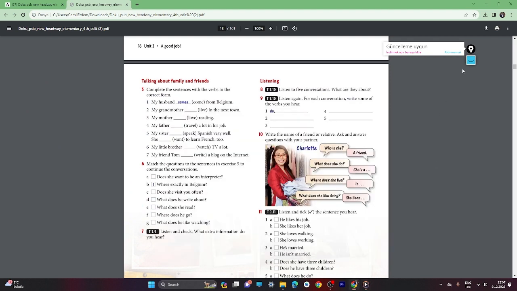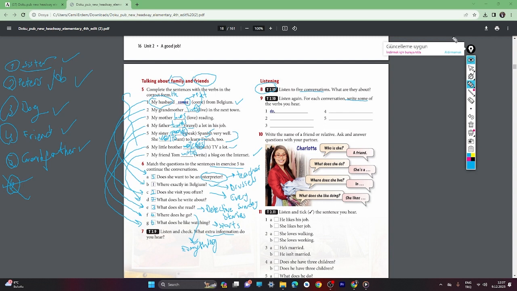Tape script 2.10. 1. What does your sister do? She's a student. She wants to be a doctor, so she studies a lot. 2. Does Peter like his new job? No, he doesn't. He works very hard and he doesn't earn a lot of money. 3. Is that your dog? No, he isn't. He's my mother's.